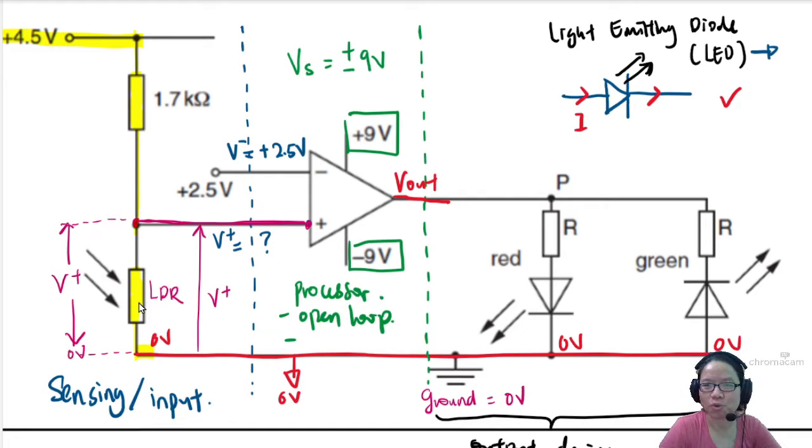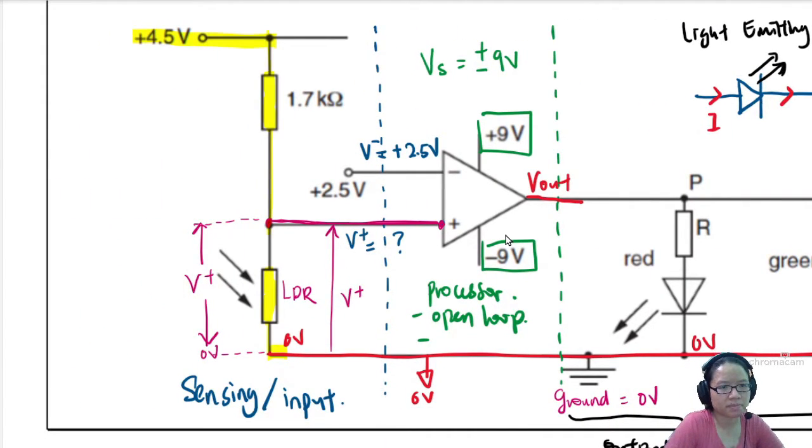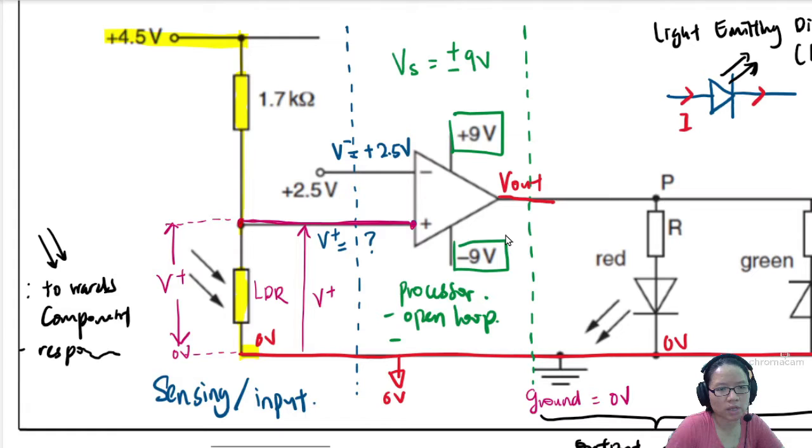So whenever the arrow is pointing outwards, away from component, we will say that this one is emitting light. Okay, and then when the arrow is pointing like this towards the component, this means that it responds to light.